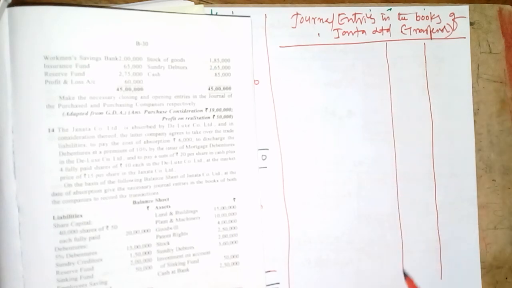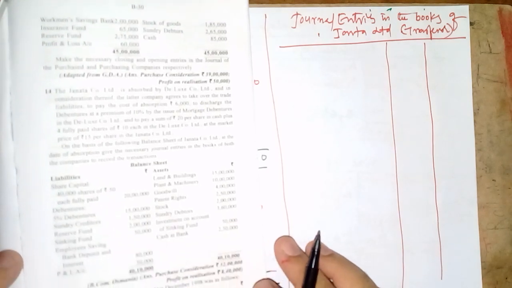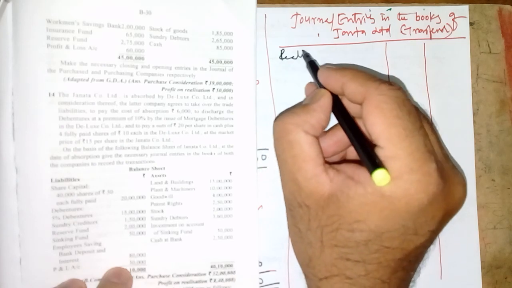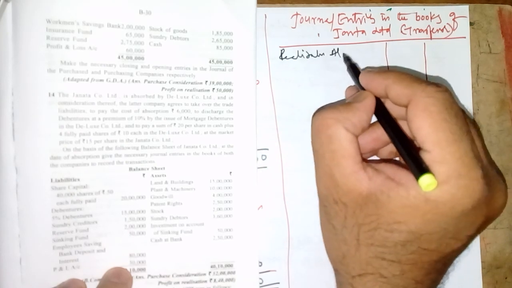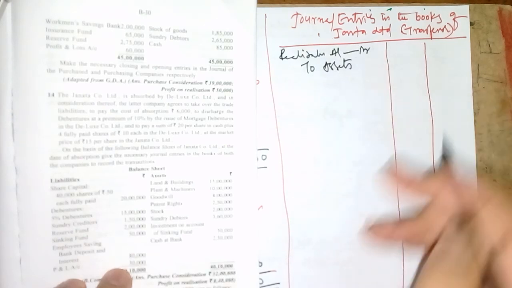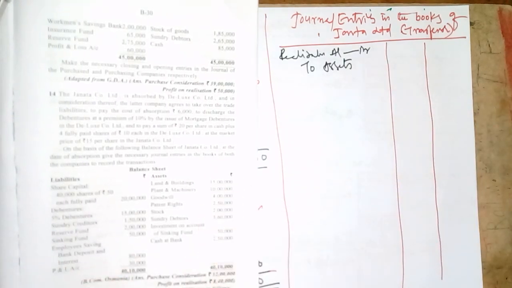So we are writing journal entries. First journal entry: transfer of assets to realization. What is the entry first? Realization account according to various assets. See, I am writing all the assets collectively, whereas it is not the practice in the examination.